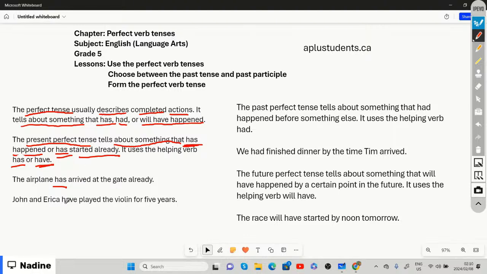And John and Erica have played the violin for 5 years.